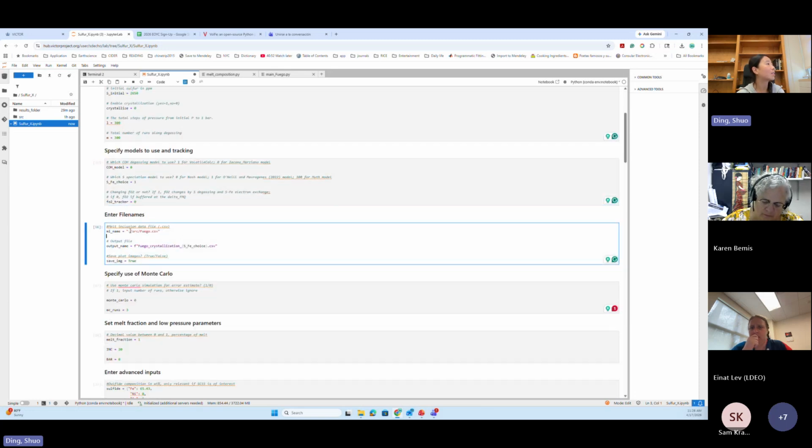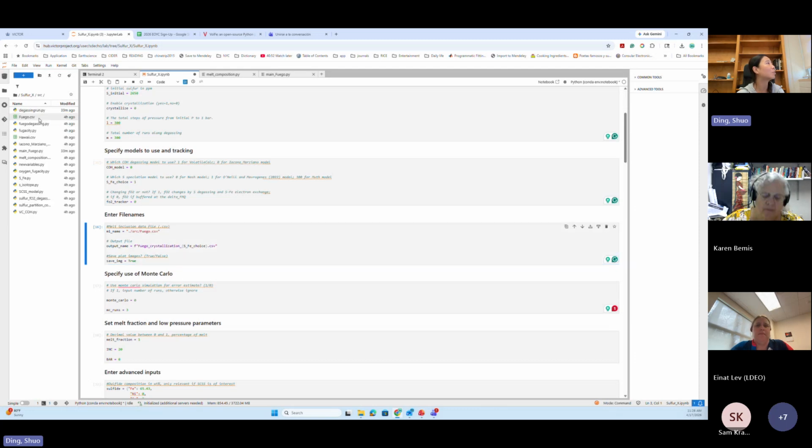Okay, so there is an option, but it really requires going to the main file, the main function file, to change it. There is an option of reading a multi-inclusion data file and then making the plots.